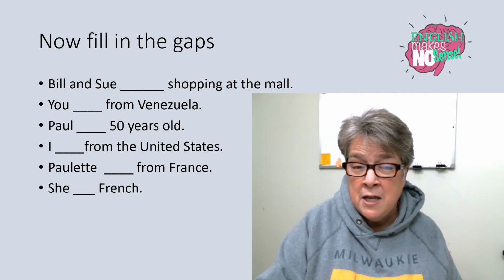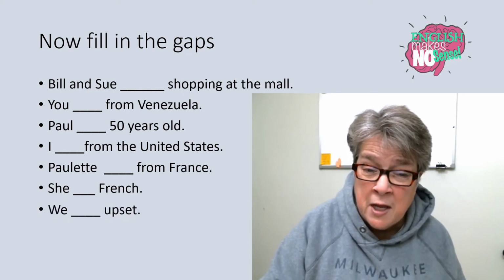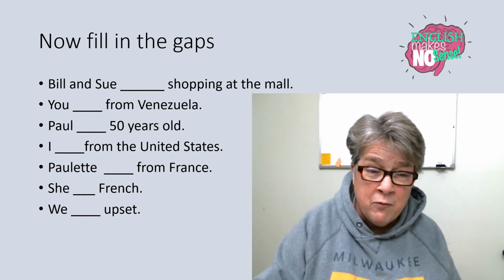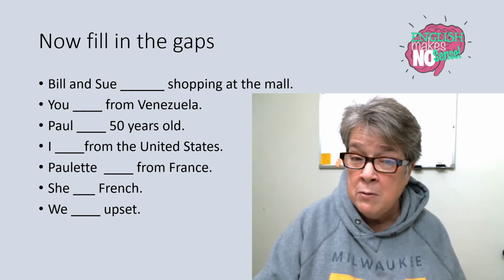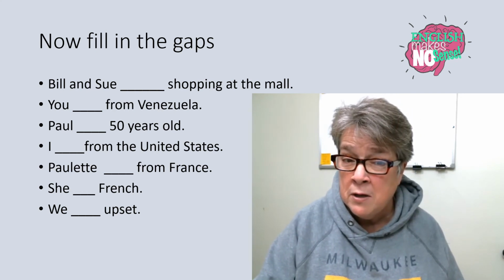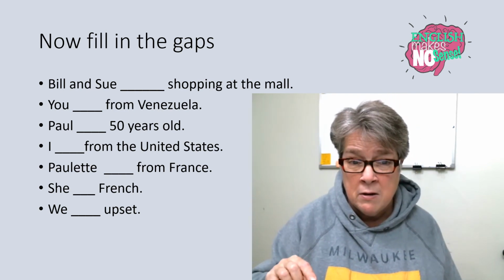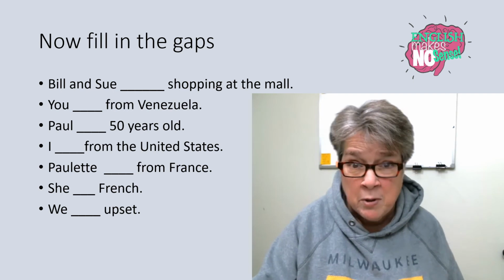How do you think you did? Are you ready? Here's one more. We, upset. Now we have 7. You can do it. Take a look at them. What do you think should go in there? Write down what you think they are. Okay, you can pause if you need more time, but I'm going to go to the next one.